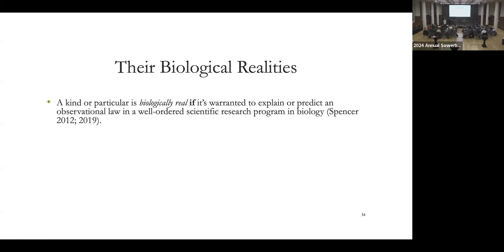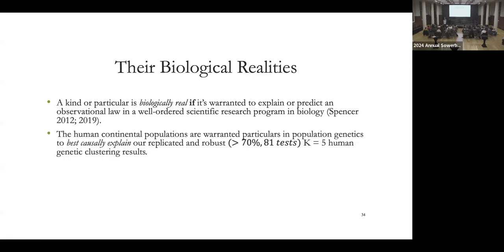If you had a theory of biological reality for classifications or entities where a sufficient condition for being biologically real is to be warranted to explain or predict observational regularities or laws in well-ordered scientific research programs in biology, of which population genetics would certainly be one, then you could identify the reality status as biologically real of the human continental population level as explaining the robust genetic clustering results that we get when we try to cluster humans into 5 groups.